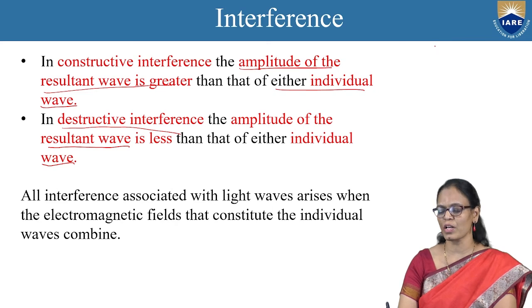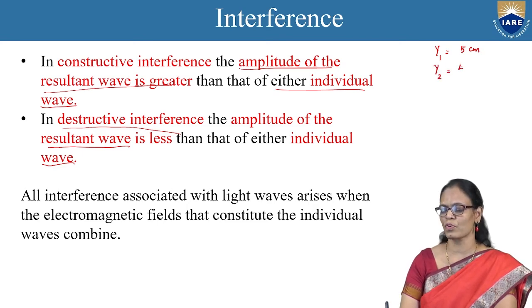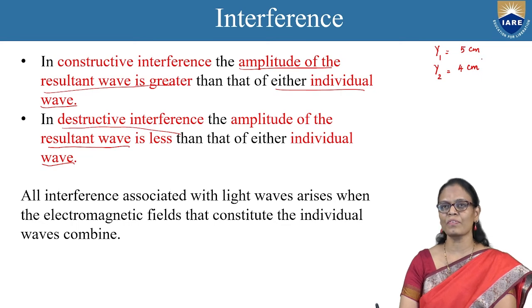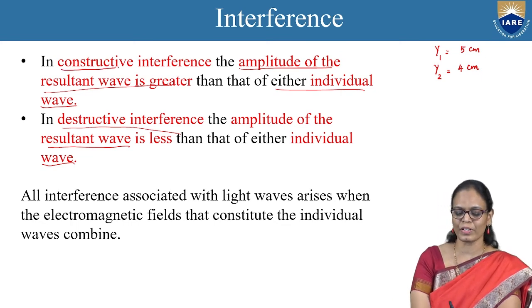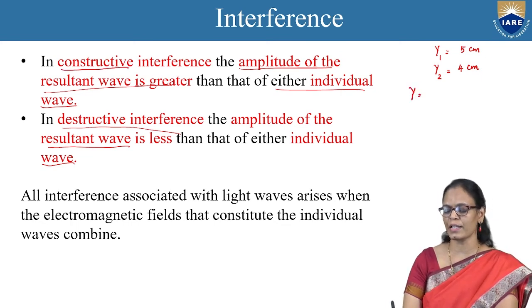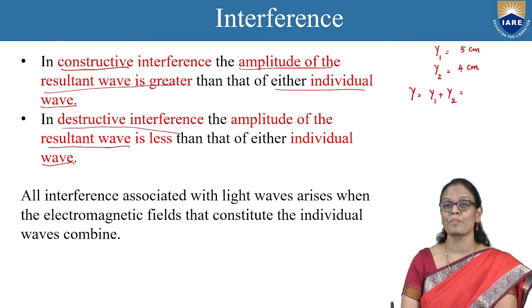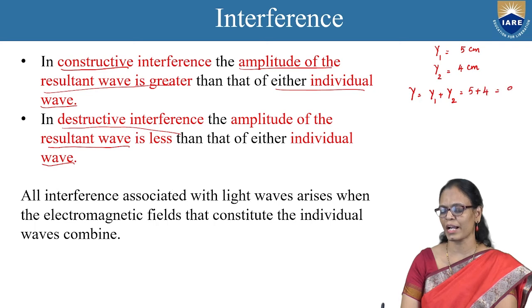Suppose we take the first wave y1 whose amplitude is 5 centimeters, and the second wave whose amplitude is 4 centimeters. In constructive interference, the resultant is the sum of the displacements of the two waves, that is the vector sum of the two displacements. Both are in the same direction, so we have 5 plus 4 is equal to 9.